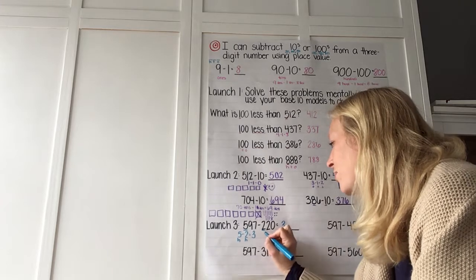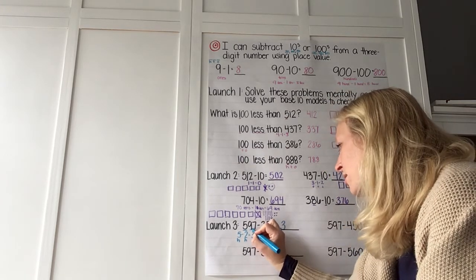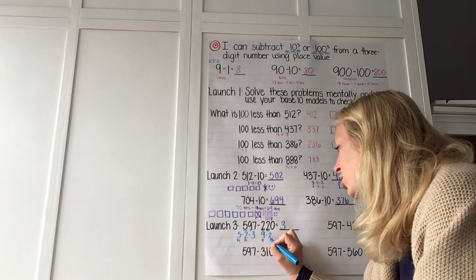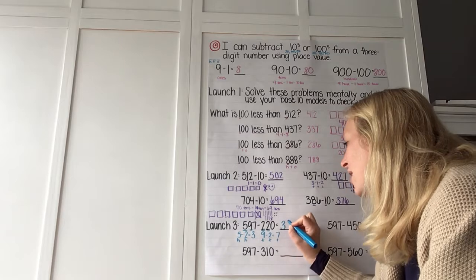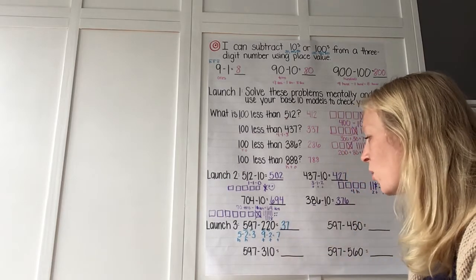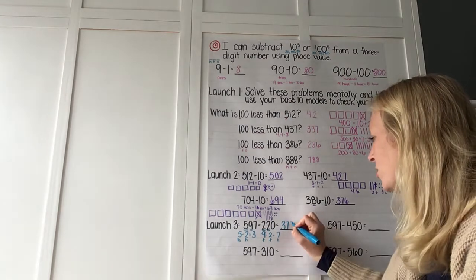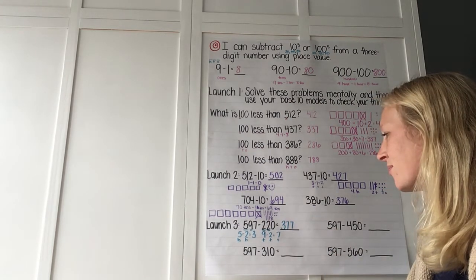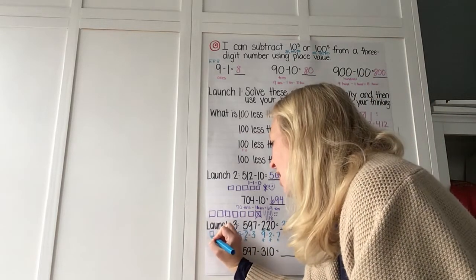Okay, then what? 9 tens. Take away 2 tens equals what? 7 tens. And then what else did you notice? Why is your ones place going to stay the same? Because there are 0.